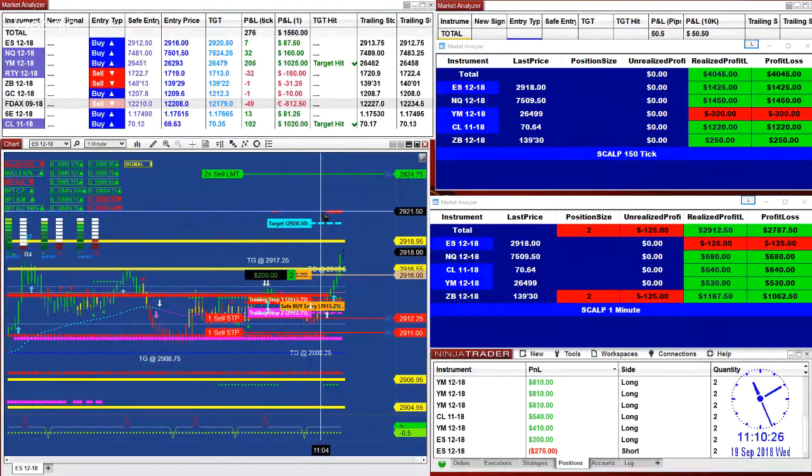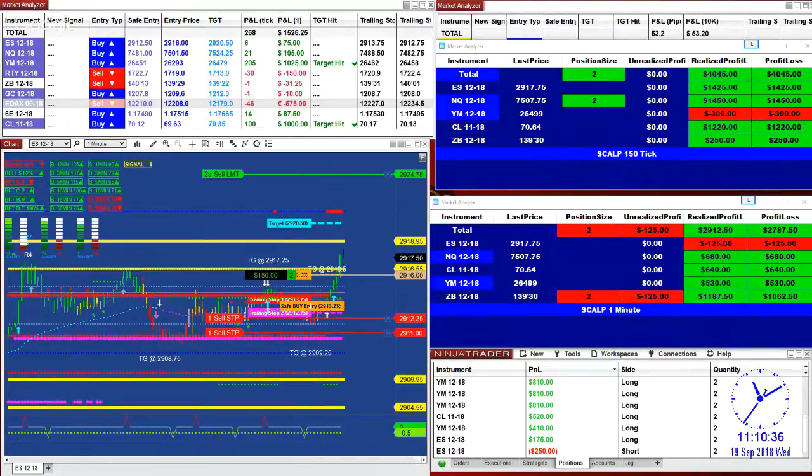Resistance line, final destination 2150, and we will take it from there once we get to those areas. So on the last signal, we have 6 ticks on the ES. We have 22 ticks on the Nasdaq.